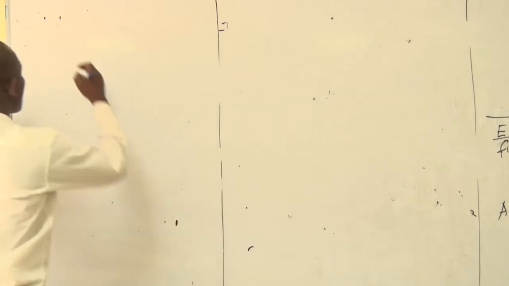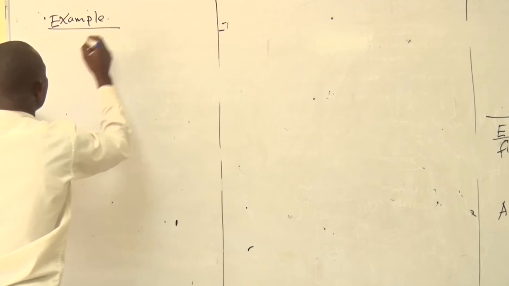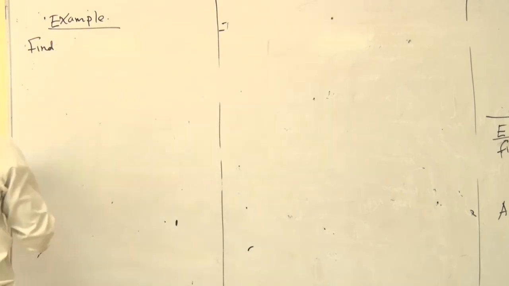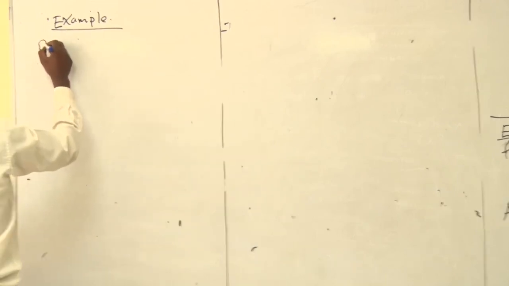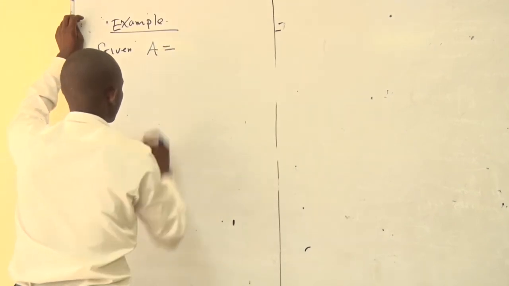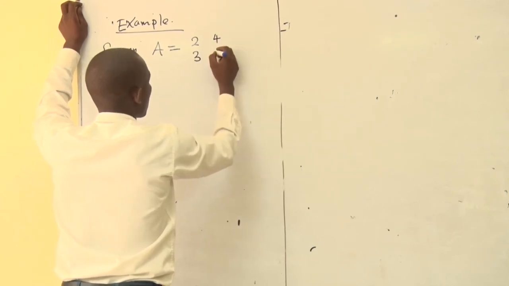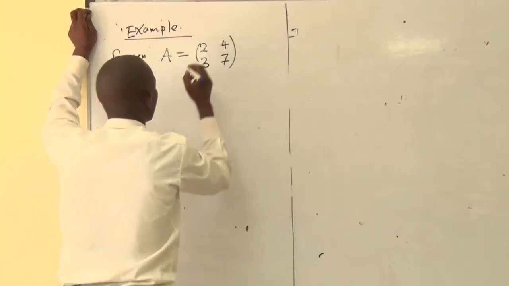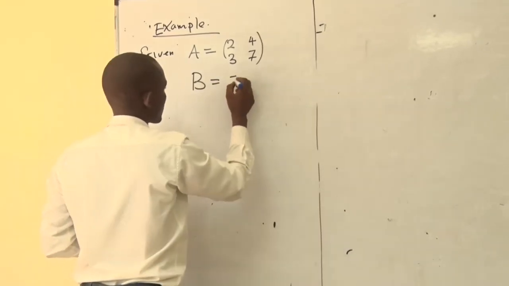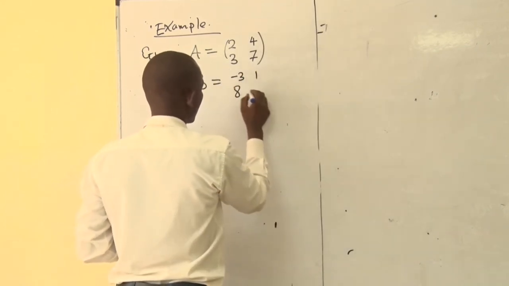So we can take an example here. Given A is equal to 2, 3, 4, 7 and B is equal to maybe minus 3, 1, 8, 4.